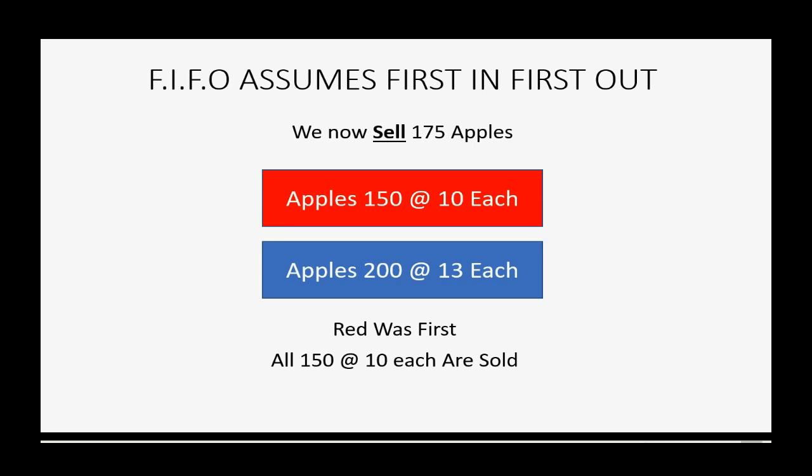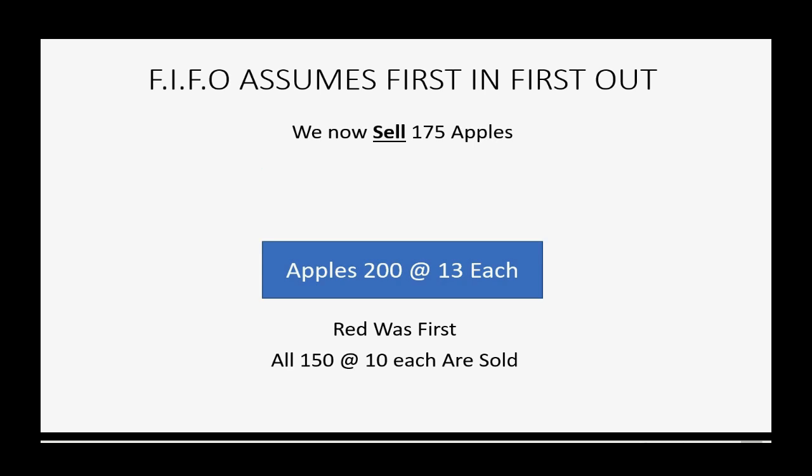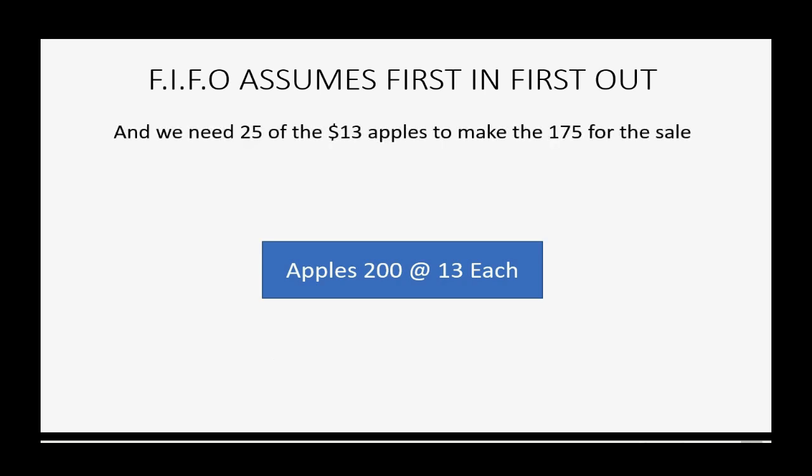That means that all 150 apples at $10 each are sold. And we didn't have enough from the $10 apples. We actually have to take 25 of the $13 apples to make the 175 for the sale.